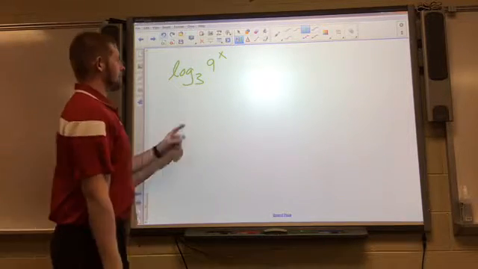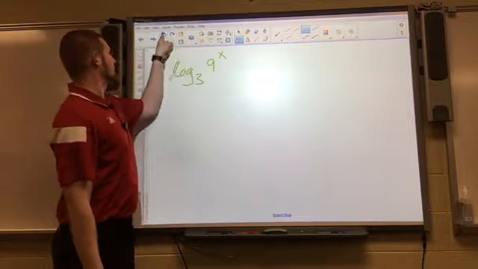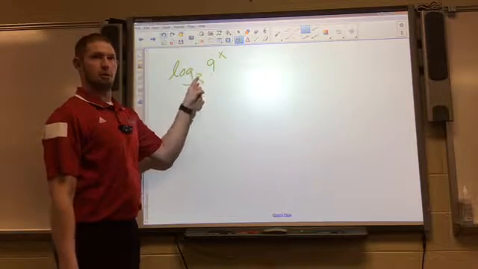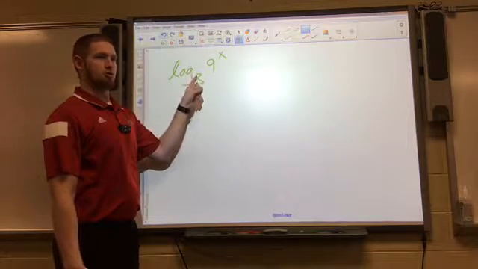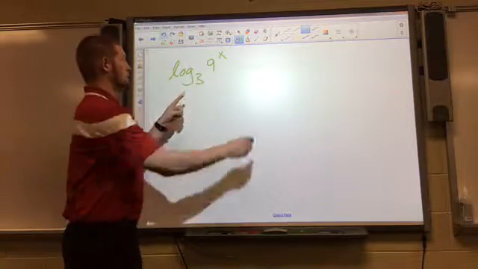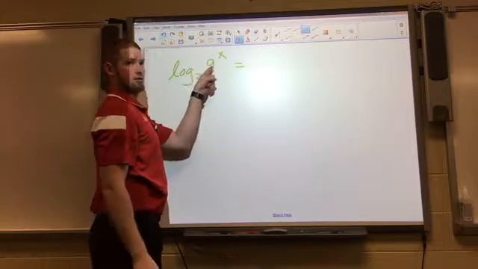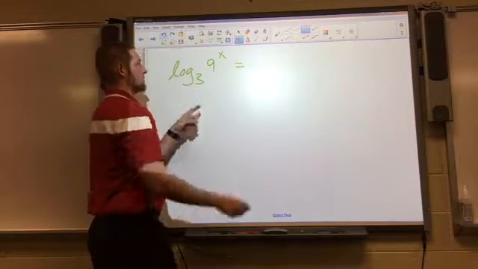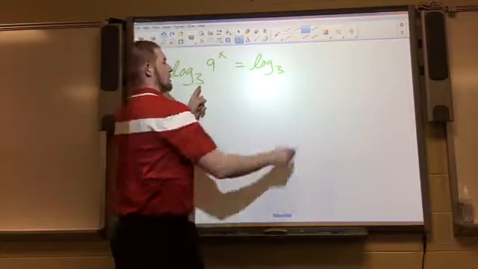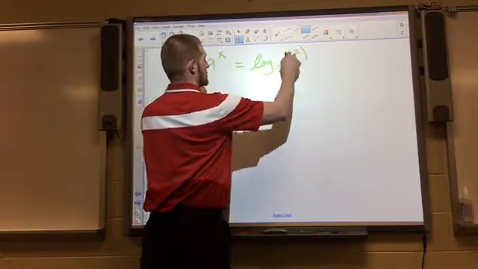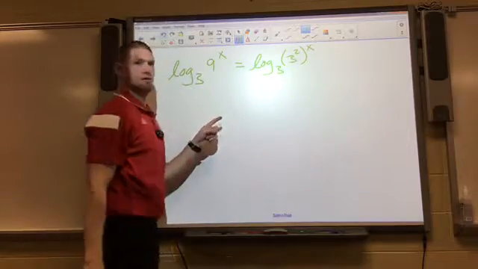Because can I change that 9 into a 3 so my base is the same? Okay, and when I'm asking you to change it, we want to do it with exponents. So what is 9 the same as? 3 squared. So I actually have log base 3 of 3 squared to the x, right?